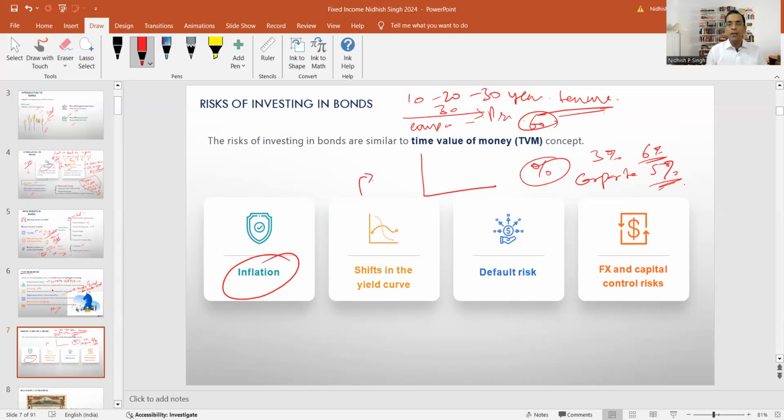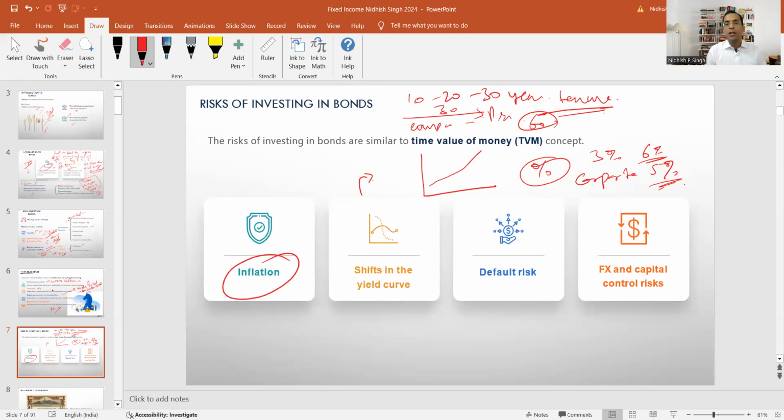So there will be certain market-based yield which can rise or reduce. In certain cases, whenever inflation is high, the central bank will raise the interest rate, which will in turn increase the yield curve in the market. If the yield curve is rising, like this graph, there could be an adverse impact on the price of the bonds.